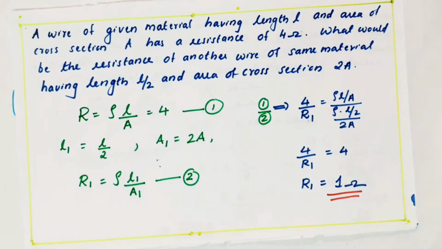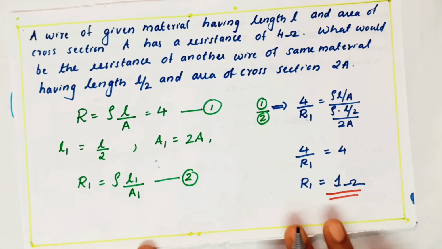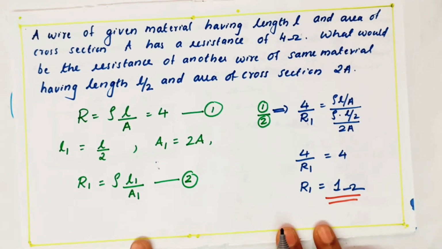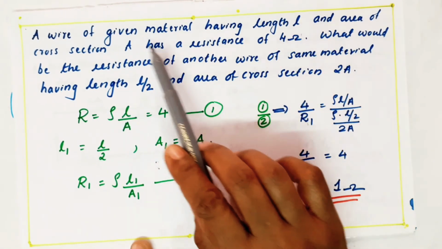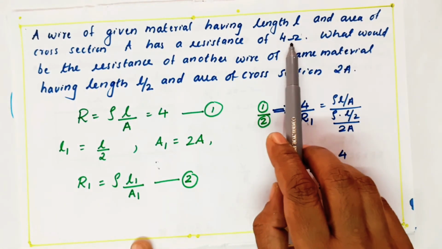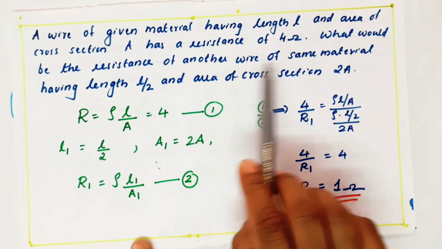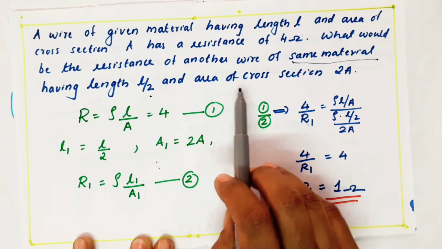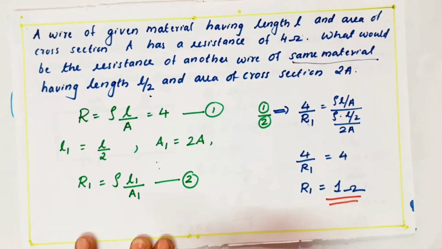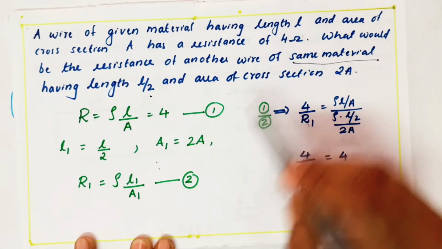Now, this is a question related with resistance. A given wire of a material having length L, area of cross section A has a resistance of 4 ohm. What would be the resistance of another wire of the same material having length L by 2, area of cross section 2A? Why did I underline same material?